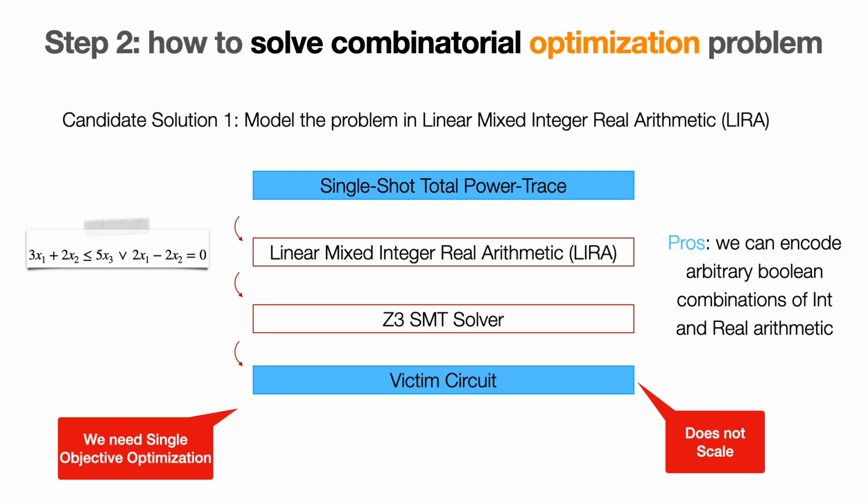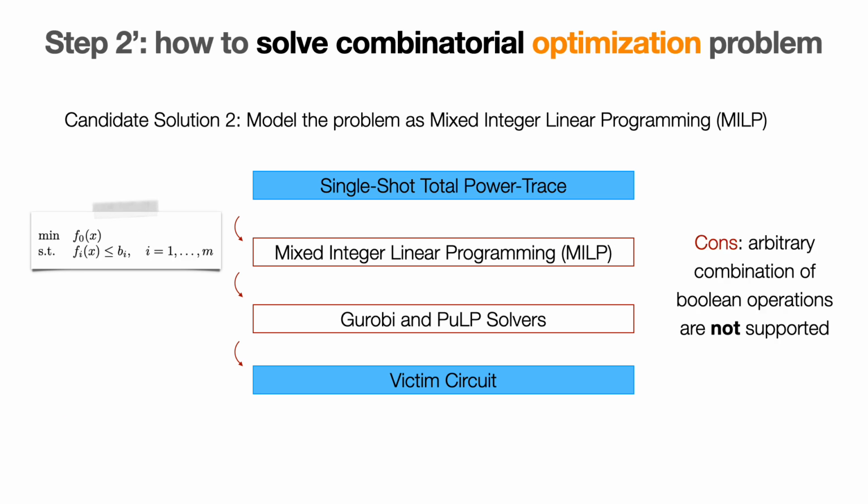This makes it highly convenient for modeling our complex reconstruction problem. However, current SMT solvers lack support for optimization problems. It's also worth noting that while SMT solvers can solve the decision variant of the MILP problem, their performance is not as competitive as dedicated MILP solvers. In fact, we couldn't find solutions for simple circuits using SMT solvers.